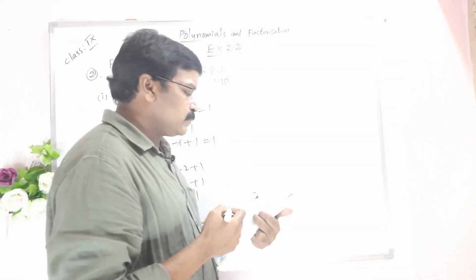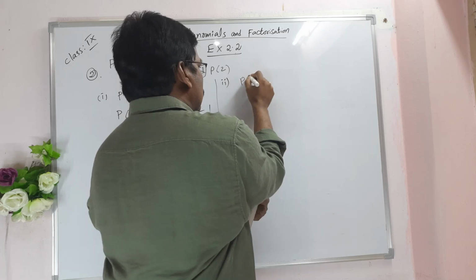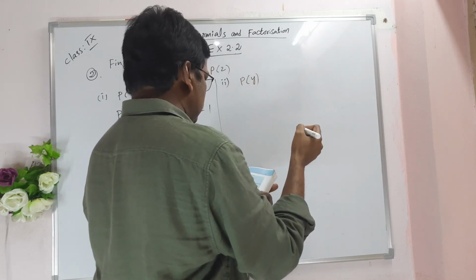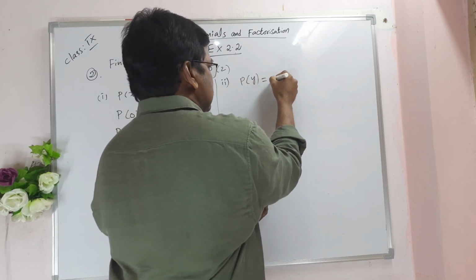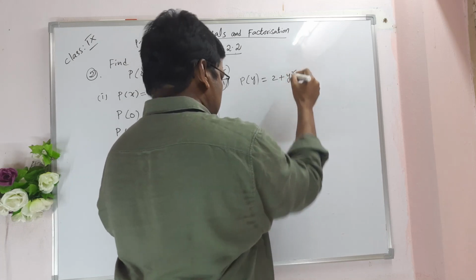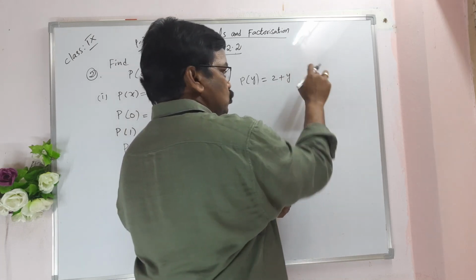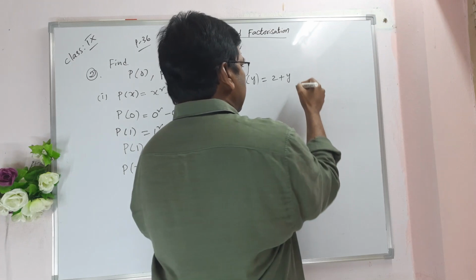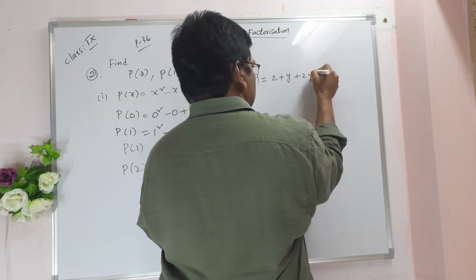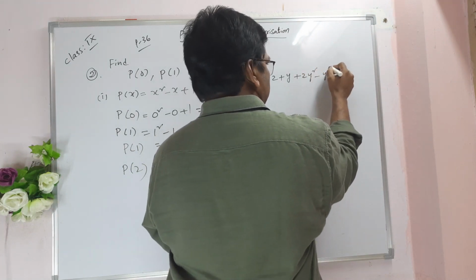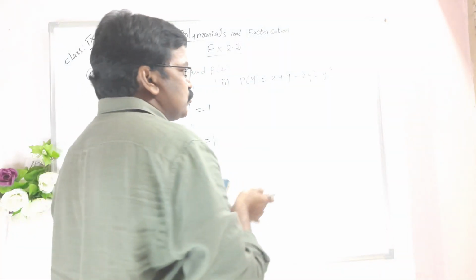What is second one? P of y is equal to 2 plus y plus 2y square minus y cube. Okay, students.